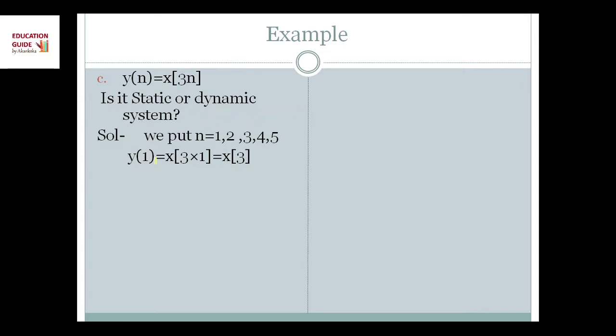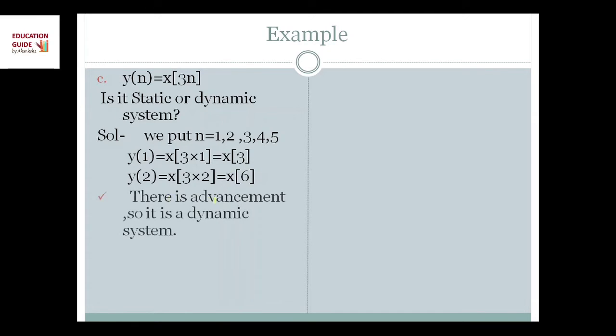So y(1) = x(3 into 1) = x(3). Similarly, y(2) = x(3 into 2) = x(6). When we put n = 2, we get x(6). So there is an advancement, so it is a dynamic system.